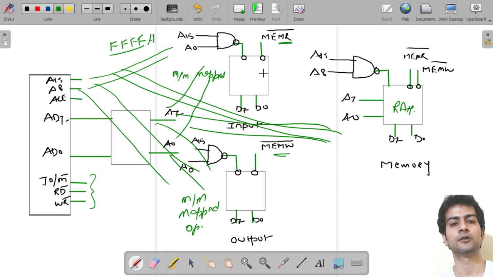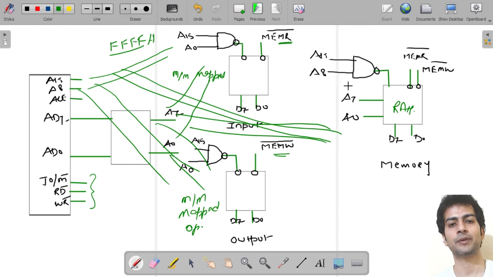So we can conclude that the address of the input device and the address of the output device can be the same, which we have discussed earlier also, that 65536 addresses are generated for the microprocessor, each for input device and output device.